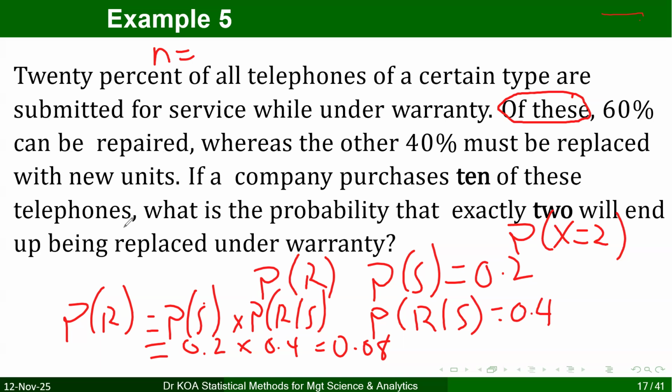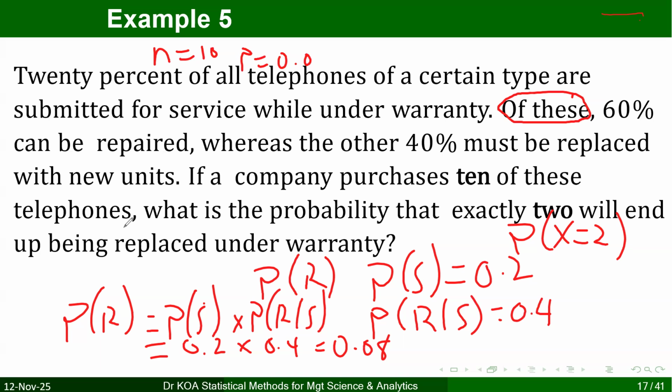Now you also need your P. Look, from here you can see P is 0.08. The replaced, because that's exactly it. But the confusing thing is, which one is the 60%, the repaired? The 60% is what can be repaired, so it's different from replaced.